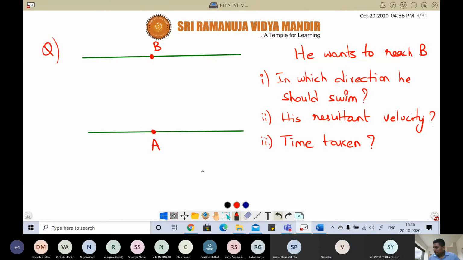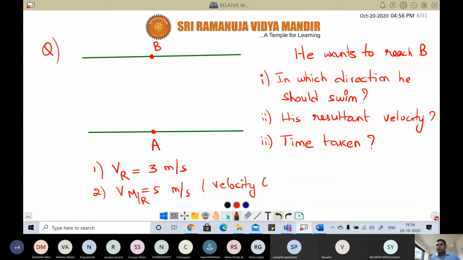Now the values given are: the velocity of river is 3 meters per second. The velocity of man is given as 5 meters per second. Man means with respect to river. This is also called the velocity of man in still water in some textbooks.